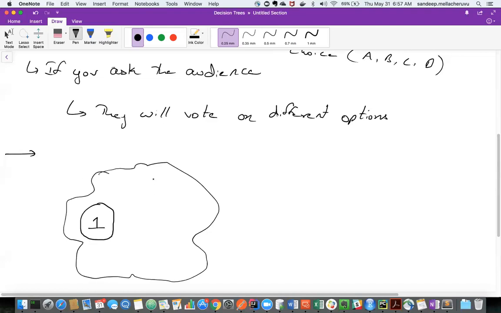Let's say for person two, there is another area where he is not able to answer the questions properly. And similarly there is 3, and there are regions 4 and 5.